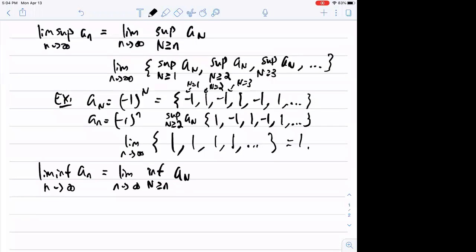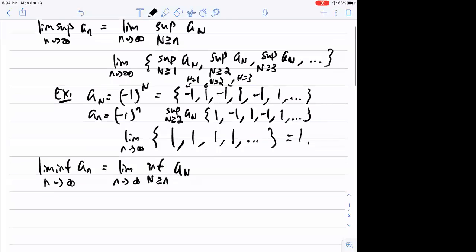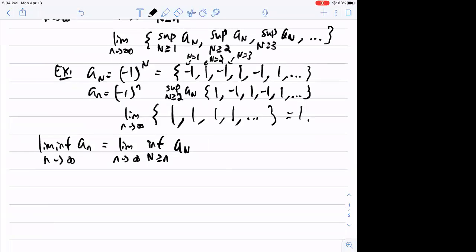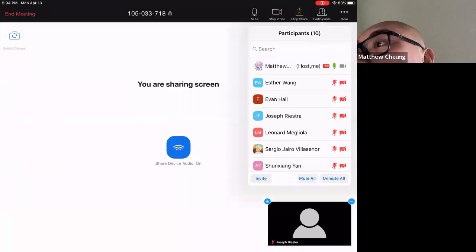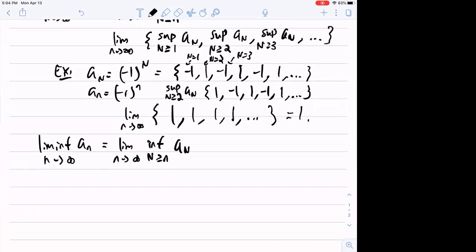In this case, you could do it for exercise, what you'll get is the limit as n goes to infinity of the sequence of -1s, because the infimum of that set is always -1. Okay, any questions so far? Let me just check if people are here.